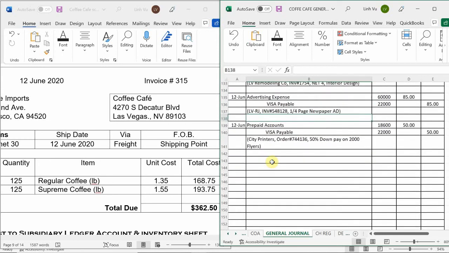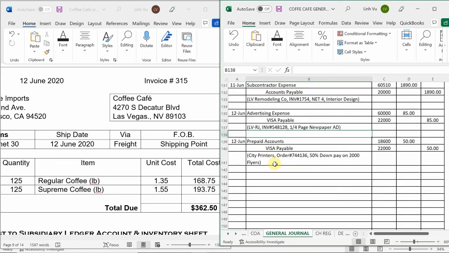Perpetual is when you do the constant count.